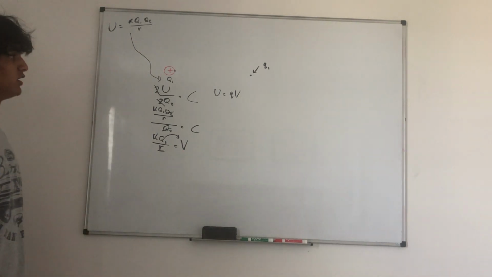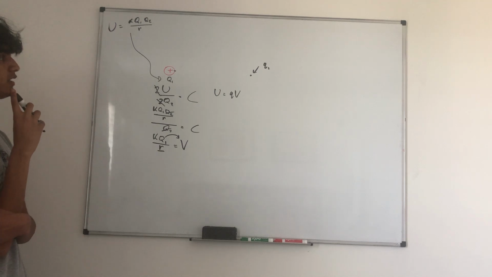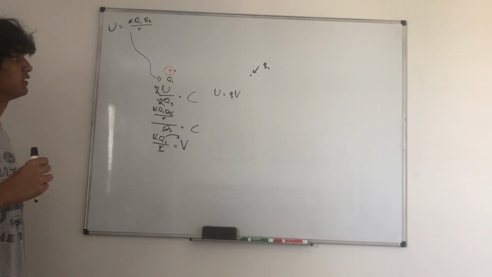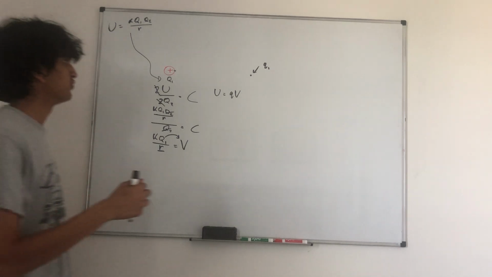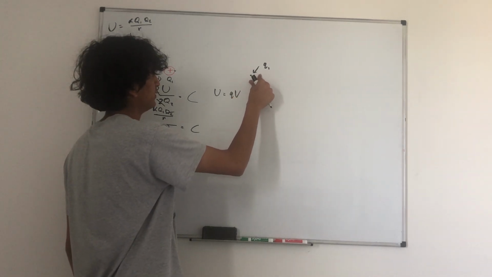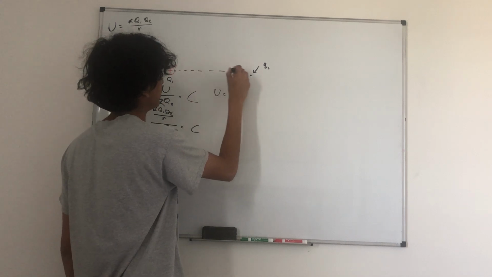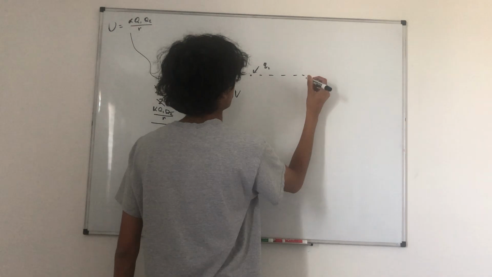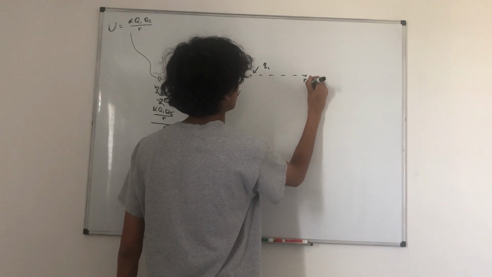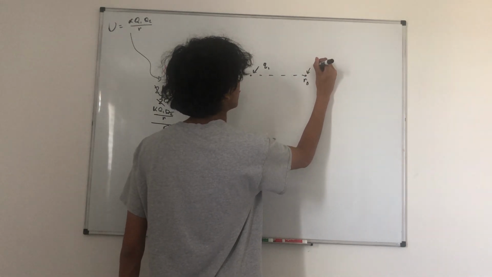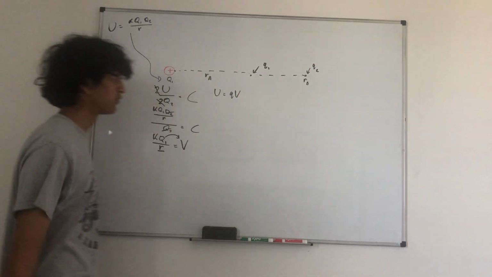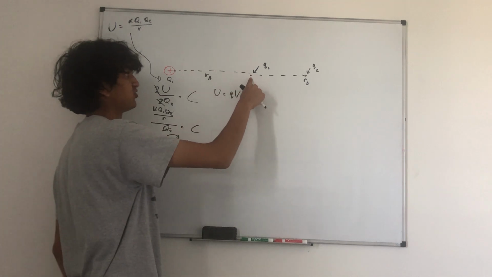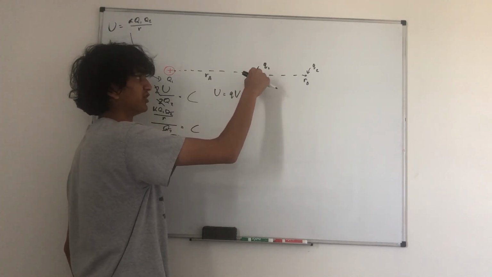Let's say this charge is here. It's right now at R_A, and it's going to move to R_B. Think to yourself: at point A and point B, is the electric potential different here than here?